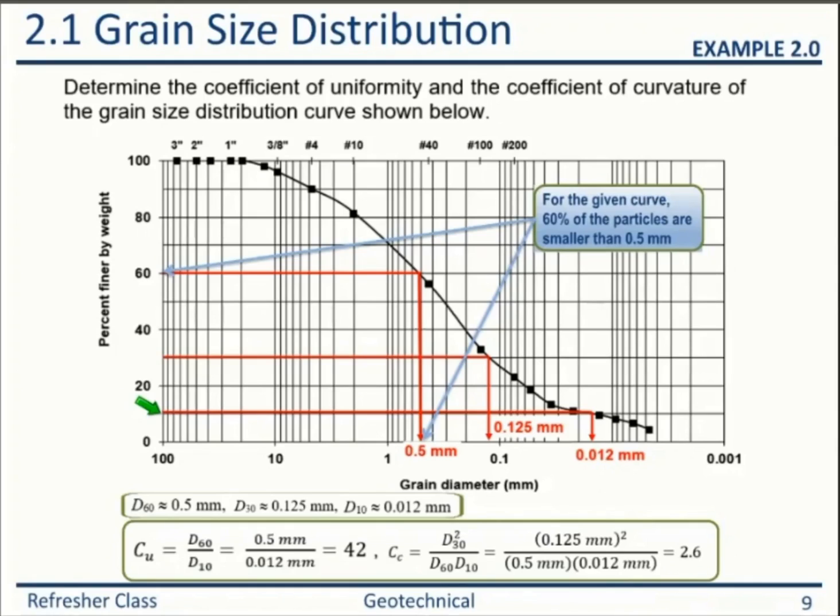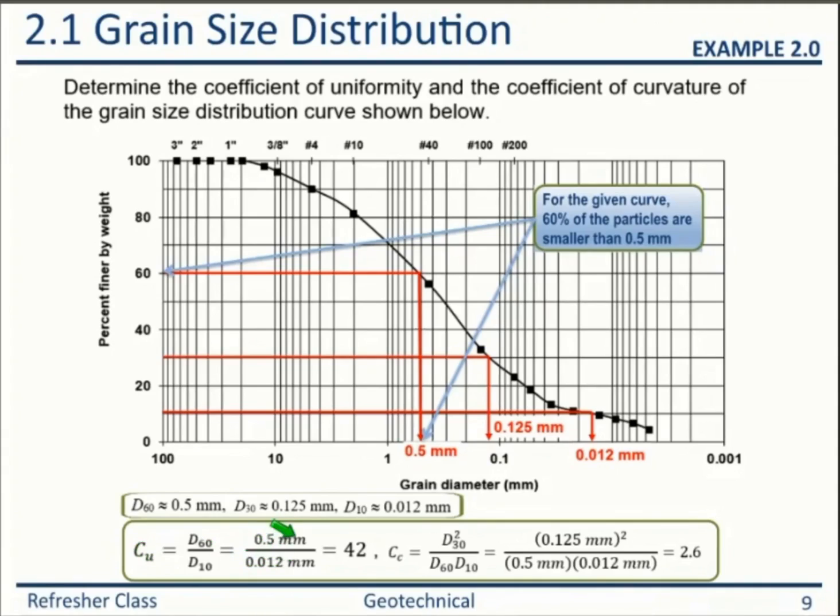You have to be careful, these are in log scale. If you look here, 100, 10, 1, 0.1, 0.001. These are the log scales and these are the values. Now once you know D60 and D10, your coefficient of uniformity is 0.5 divided by 0.012.